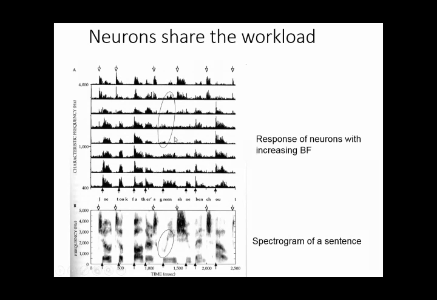This is a nice illustration of how individual neurons do parts of the workload, and all together they share the workload to code the whole of the stimulus. I think I show that figure again when we talk about speech.